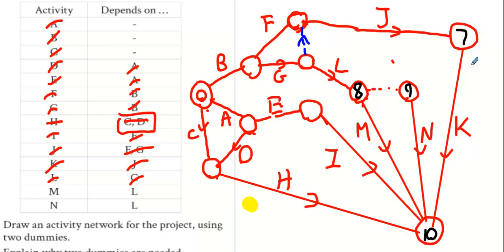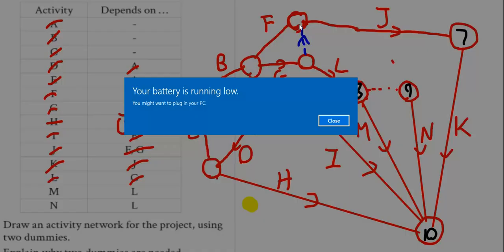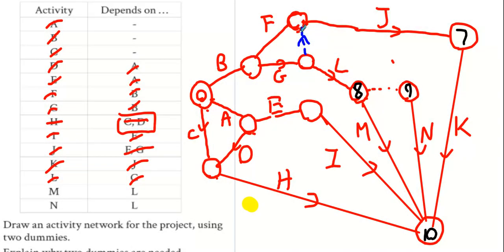Who comes before K? J, which would make that 6. Before J, H, I, so 5. And then that will be, wait, is there another one? 4 for H.